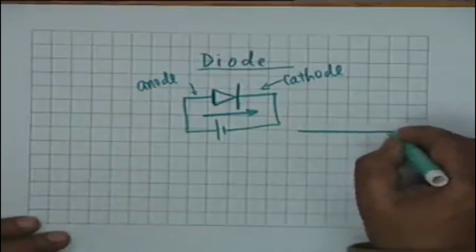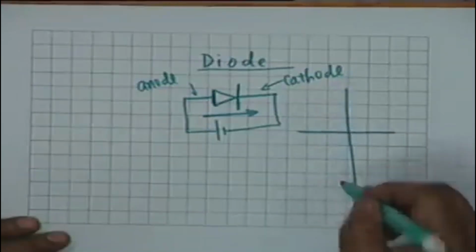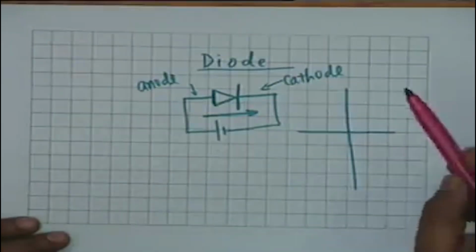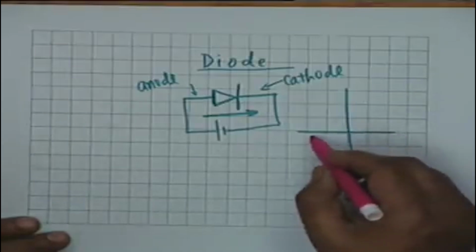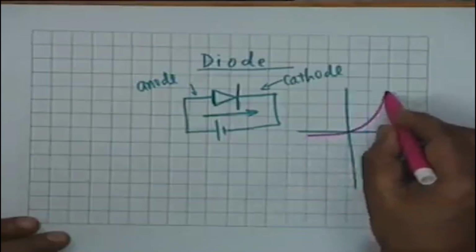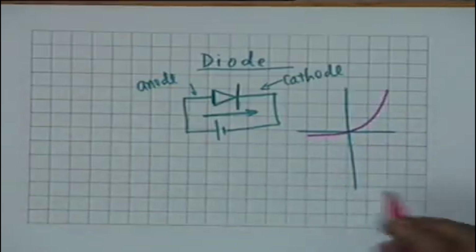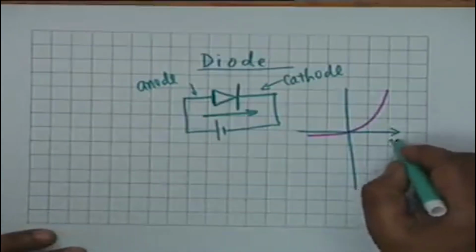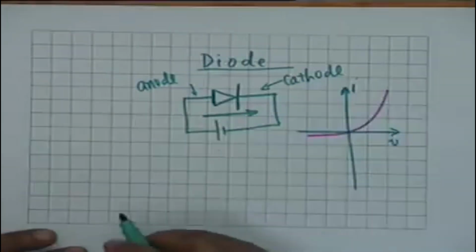And as I had shown in a class held a few days earlier, the operating characteristics or the VI characteristics is like this. This is the voltage and this is the current.